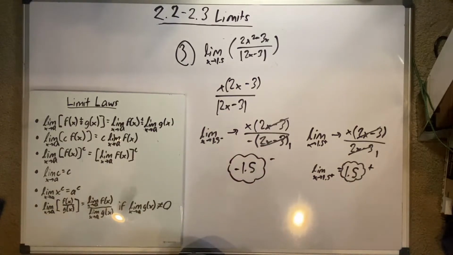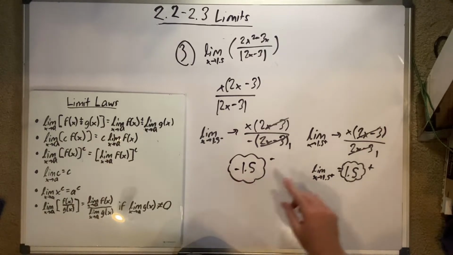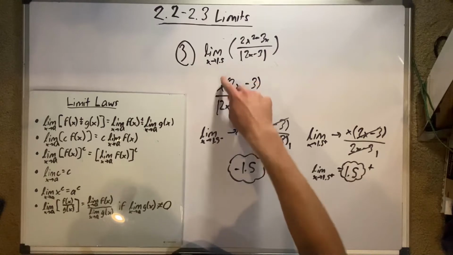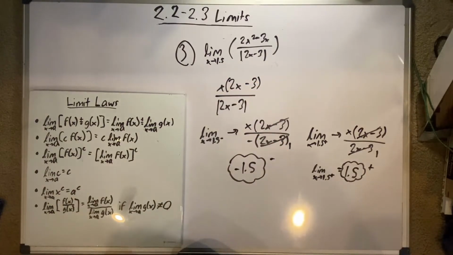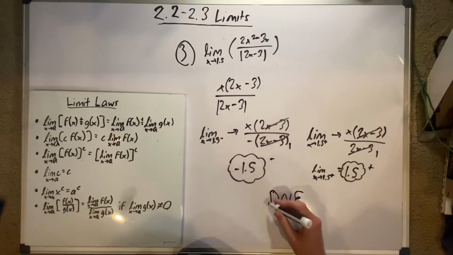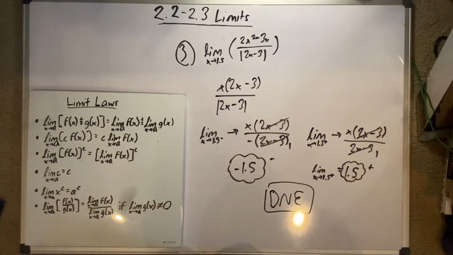That's on the negative side. So negative side is negative 1.5. Positive side is positive 1.5. We're looking for the same value from either side. These are not equal, which means our total answer does not exist. Such an unsatisfying thing to arrive at after all that math. All of a sudden it just does not exist.